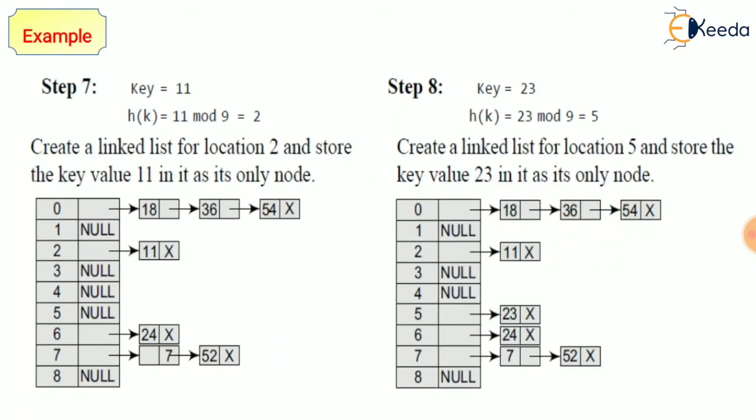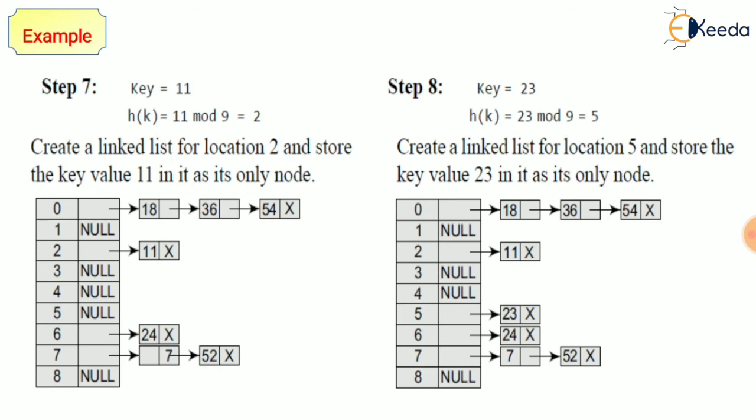Now in steps 7 and 8, we are only remaining with two key values, that is 11 and 23, having the positions 2 and 5 respectively. 2 is not occupied previously, so we insert key 11 in the second location.